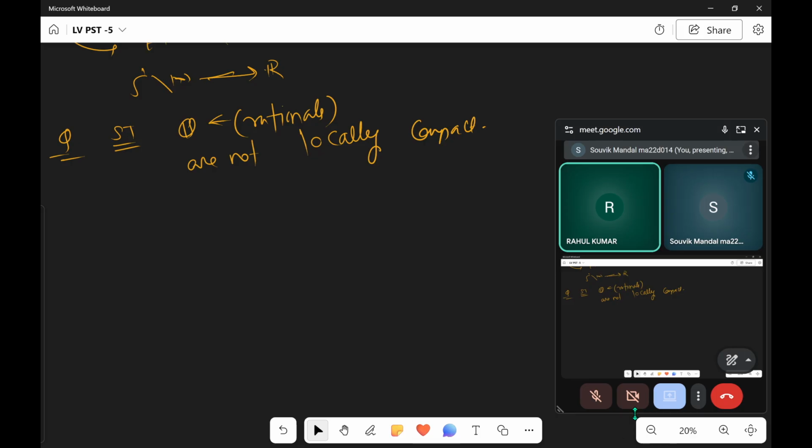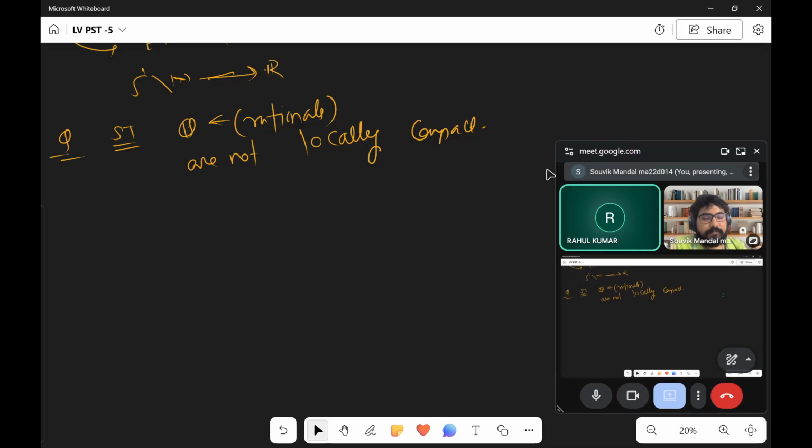Sir, as we know, every neighborhood of a point x in Q contains both rational and irrational points, and we know the only compact subspace in Q is a singleton set. So here we do not get any subspace of Q which is compact, only the singleton set.